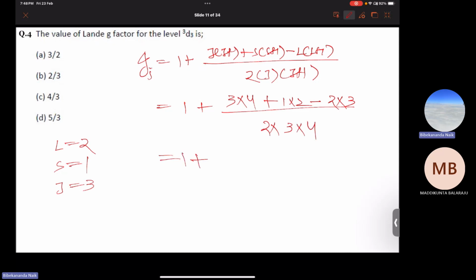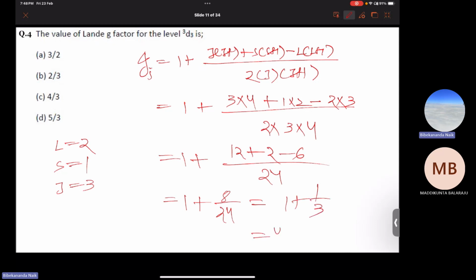It is 1 plus 12 plus 2 minus 6 divided by 24. 1 plus 12 plus 2 is 14, 14 minus 6 is 8. So it is 8 by 24. It is 1 plus 1 by 3, which will be 4 by 3. So the correct option will be option C, 4 by 3.